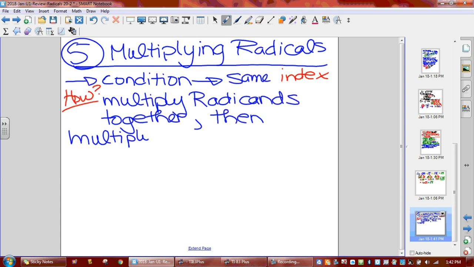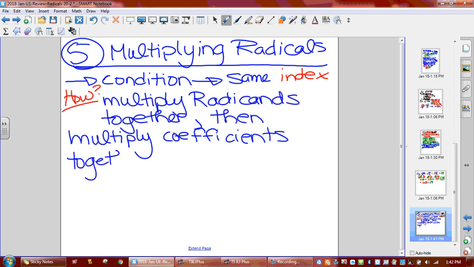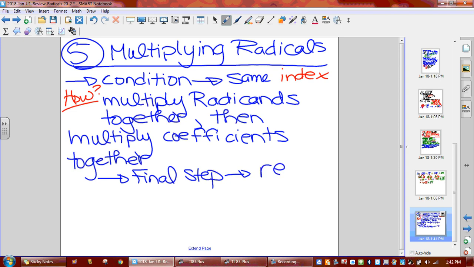Final step, what do you think? Final step was always just like fractions. Reduce. You need to reduce to simplest mixed radical.